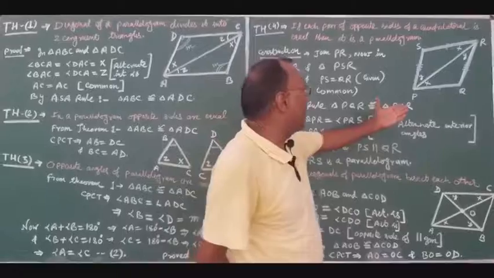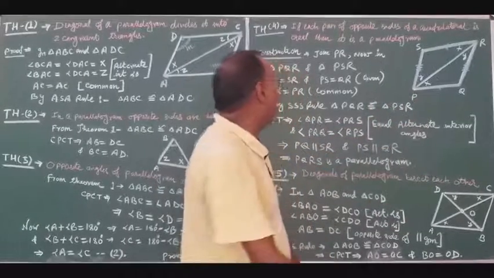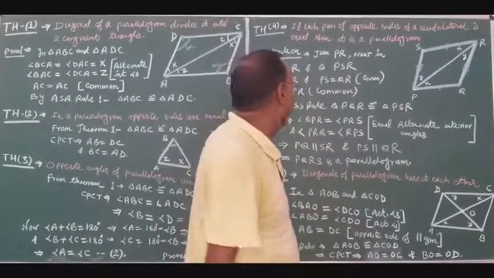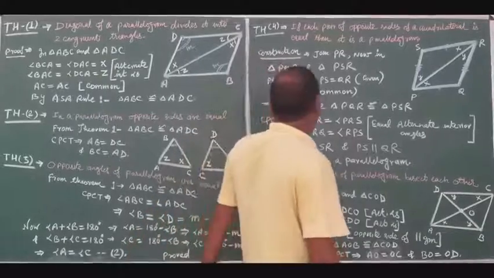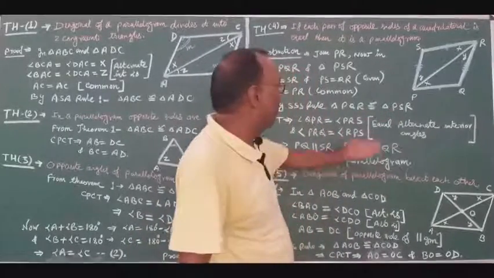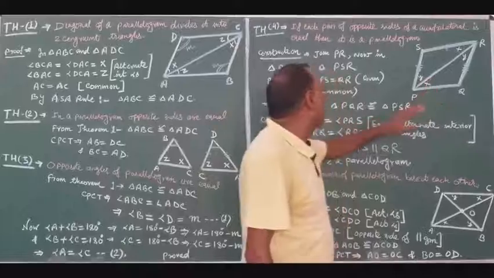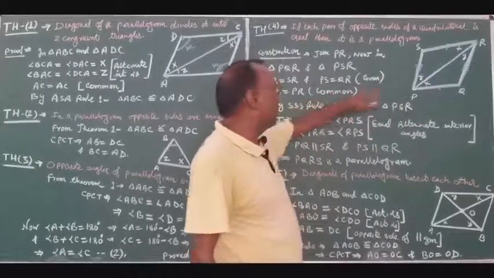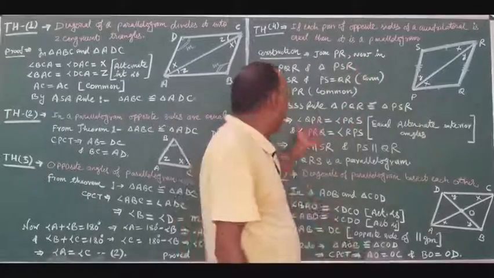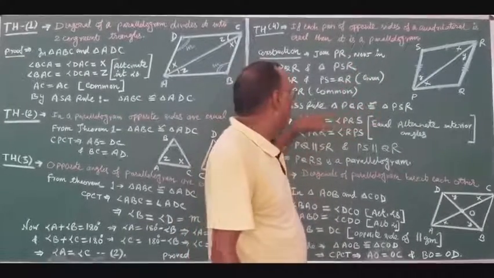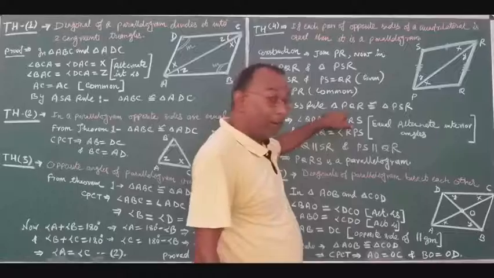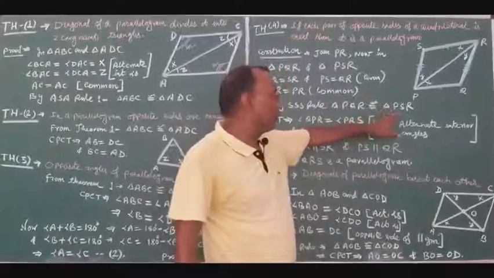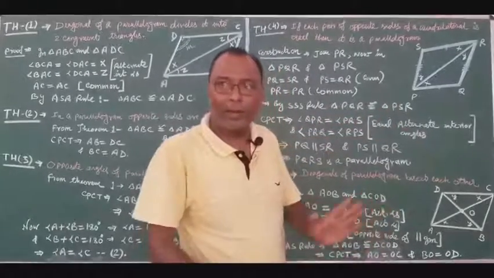These 2 triangles, triangle PQR and PSR, are congruent by the SSS rule, because PQ is equal to RS is given, PS is equal to QR is given, and PR is common. It means both the triangles are congruent. By the SSS rule, triangle PQR is congruent to triangle PSR.